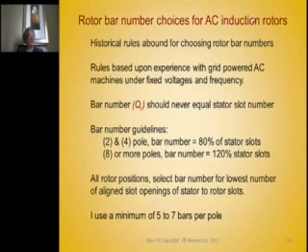So I guess you could say that for a 4-pole motor, the minimum number of bars would be 4 bars, but you would never design a machine like that because you'd have too much current in each one of those bars.